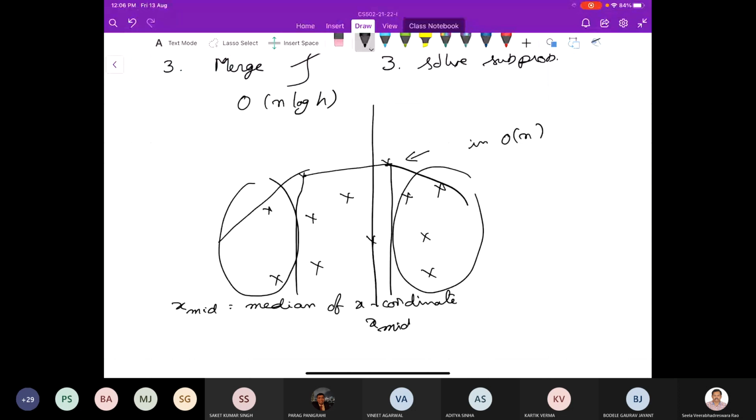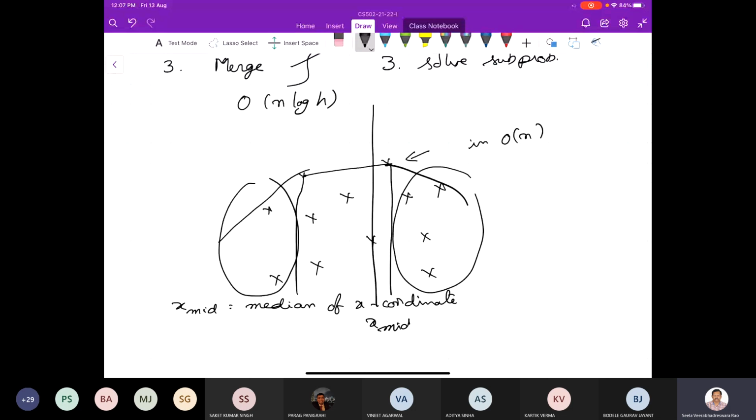So once again, I'm repeating. Here we want a convex hull algorithm in n log h time, where h is the number of vertices on the final convex hull output. But we don't know the value of h, the size of the output, and it can be a constant or it can be order n.